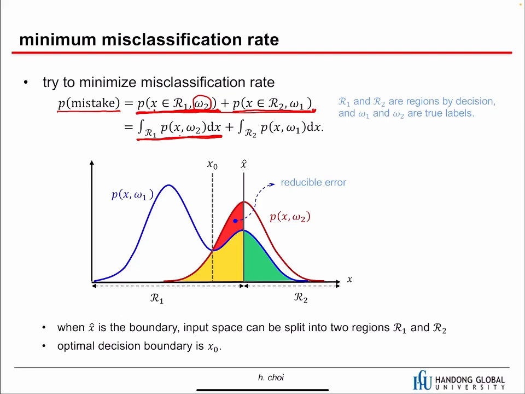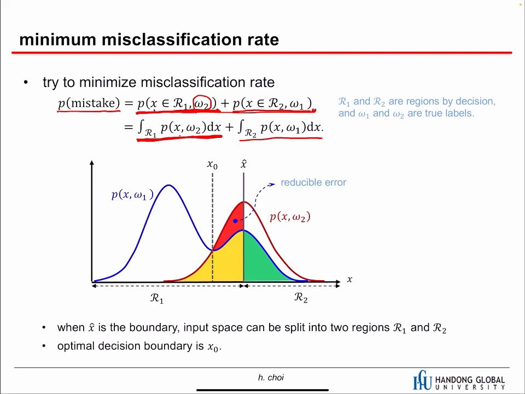So the true label is class 2, and this integral gives the probability of misclassification of X when the true label is 2. And this one is the opposite. When the true label is 1, this integral gives the misclassification rate. Okay.